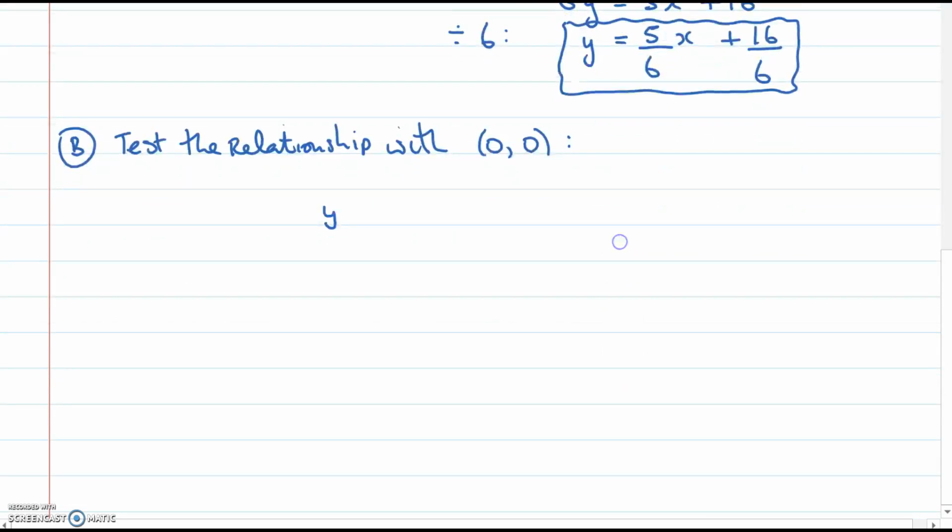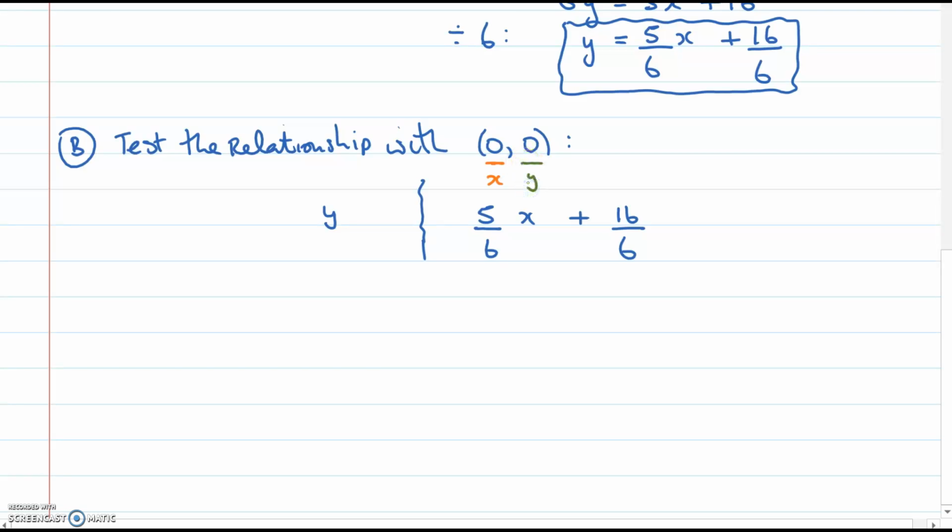So we're going to have y on one side, and then 5 over 6x plus 16 over 6 here. Okay, so let's put that one in for x and that in for y.